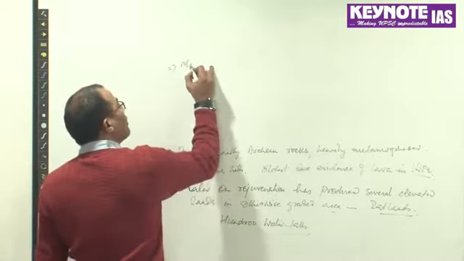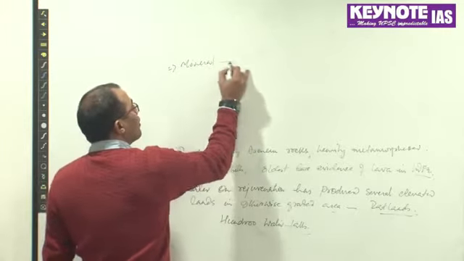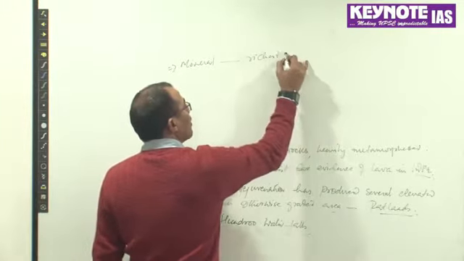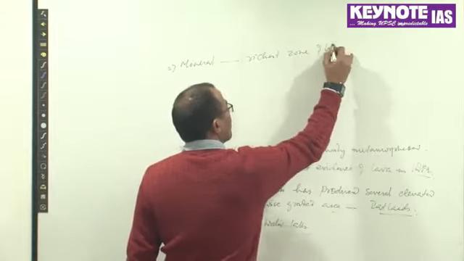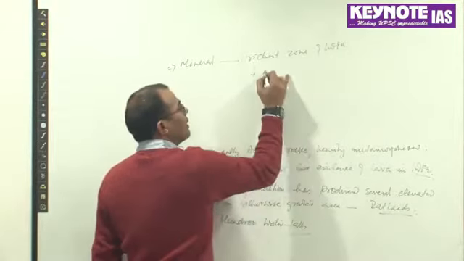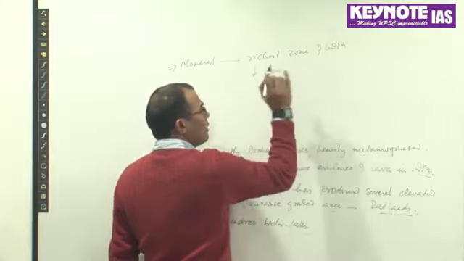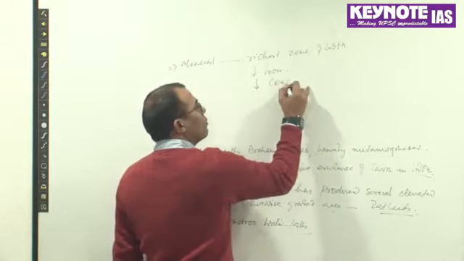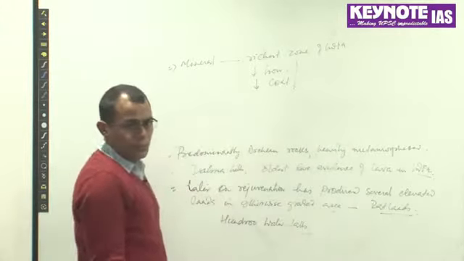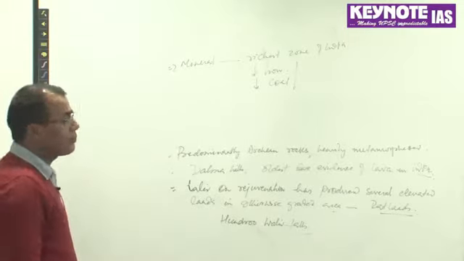Minerally richest zone of India, dominantly iron, all the metallic minerals you can imagine, but iron and coal is the most dominant one.